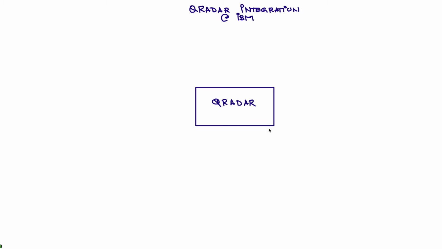Let's start with one product, for example. Let's start with AppScan. We have for quite some time, even before the acquisition, been able, through a DSM, to collect AppScan events.